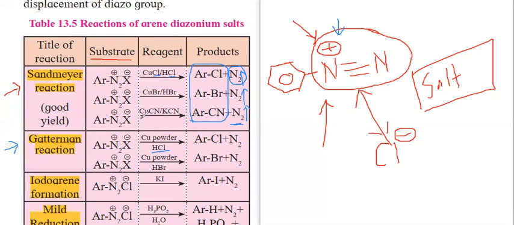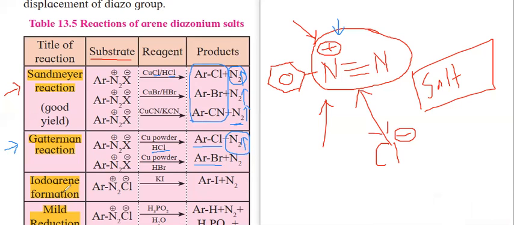See the difference in reagent: here it is a copper salt and here it is copper powder. It also forms the halogen derivative of arenes, or aromatic halogens. The important fact to note is the displacement of the diazo group in the form of nitrogen.